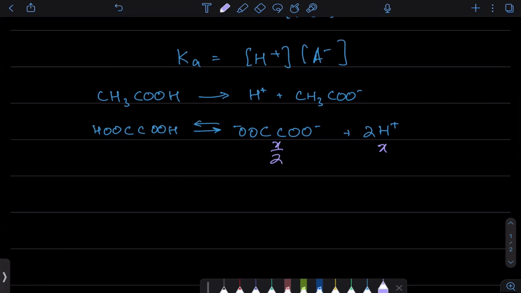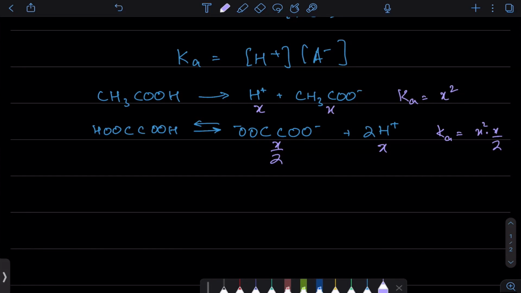And in the case of the first one, I can assume them to be X and X. And I can just say that the Ka is going to be X squared in the case they're equal. And I can assume Ka to be X times X over 2. And then X squared because of the H positive being squared in the case of this. And I can still plug in the values and solve this.